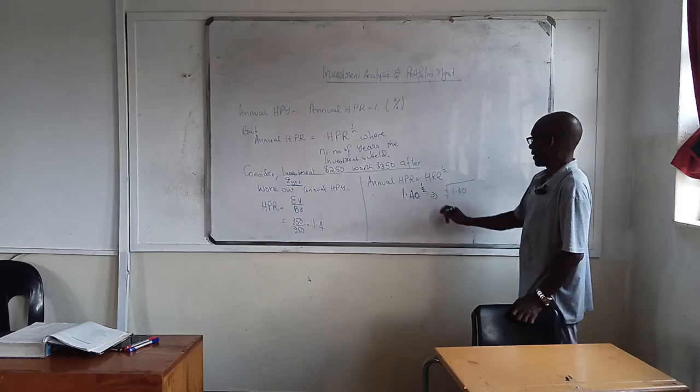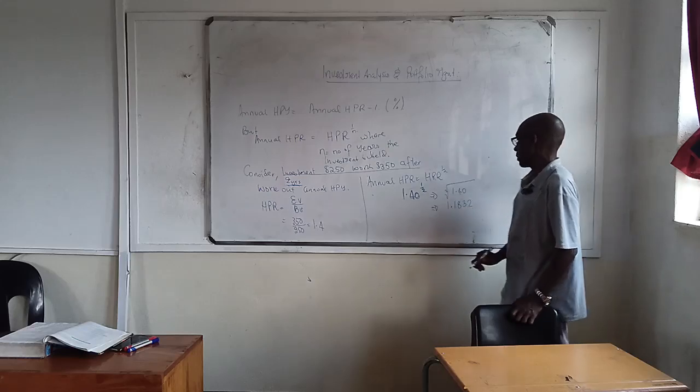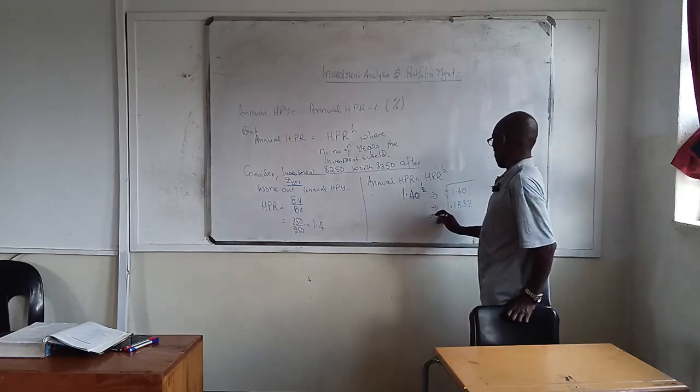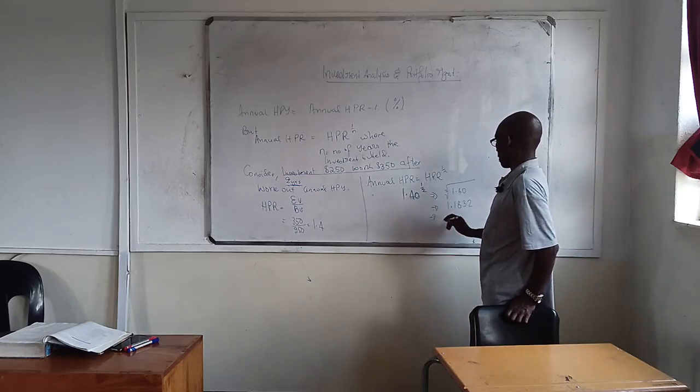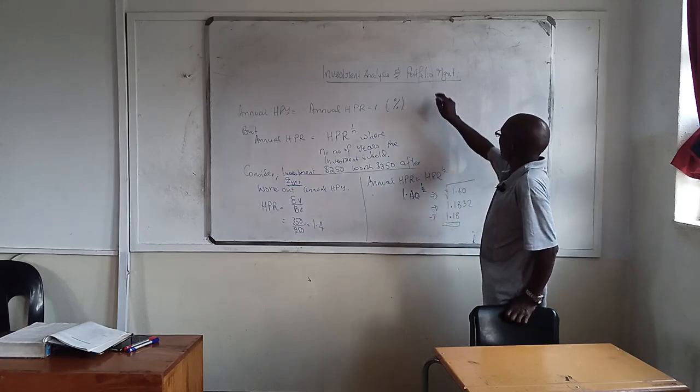What is the square root of that? 1.1832, which is 1.18 to the nearest. This is your annual HPR.